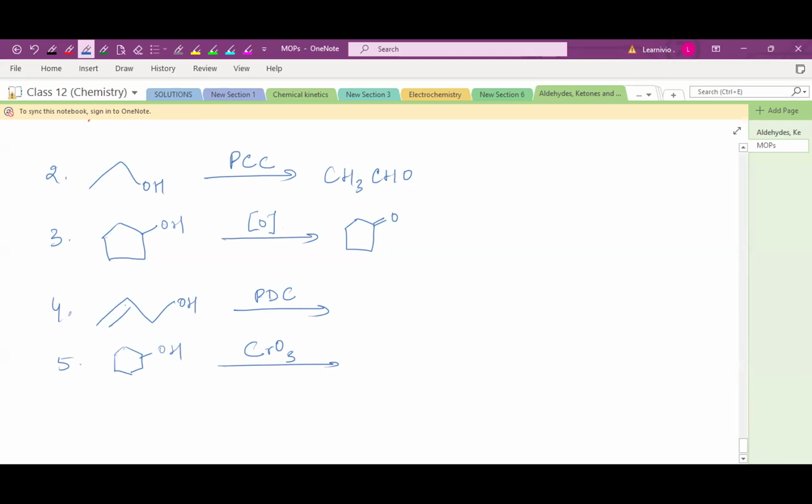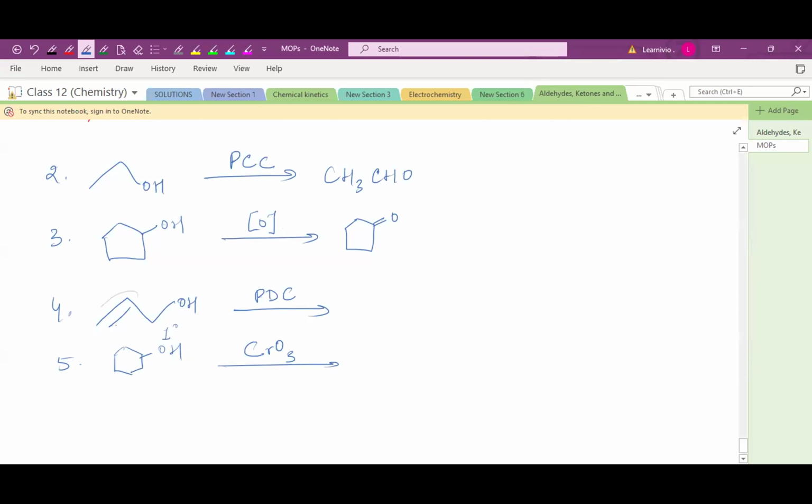Why butanol? Why are you breaking this double bond? You are using PDC, and PDC is a weak oxidizing agent. And what is this? This is an alcohol, a primary alcohol. So in the presence of a weak oxidizing agent, a primary alcohol will get converted into an aldehyde.